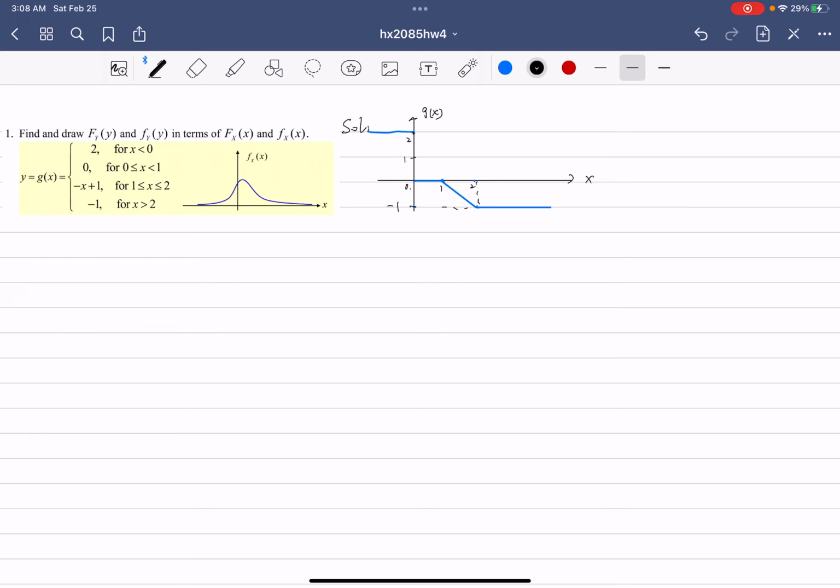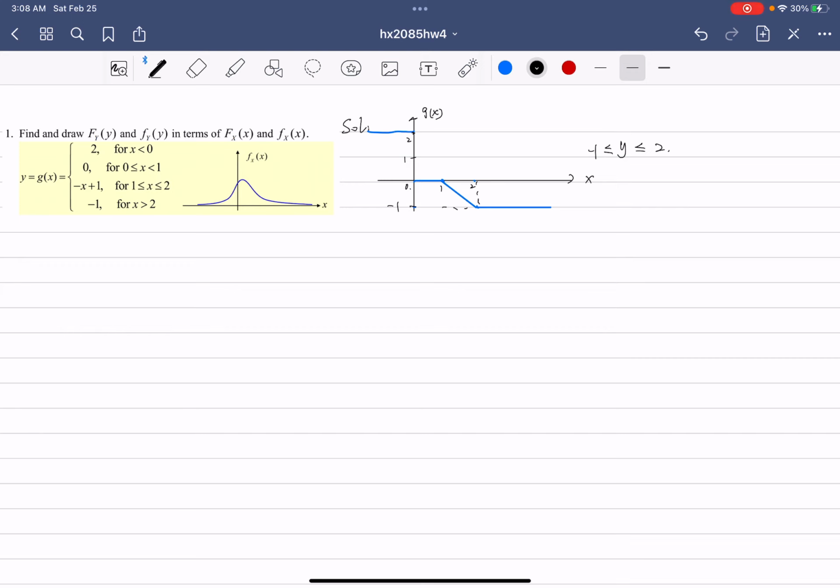First, we can see that the range of y is larger than or equal to negative 1, but less than or equal to 2.